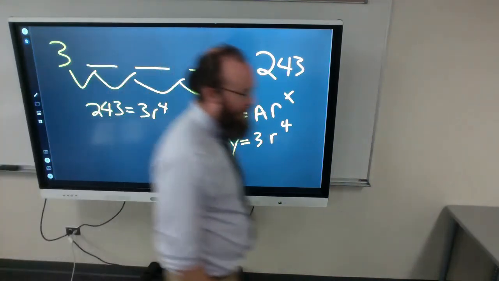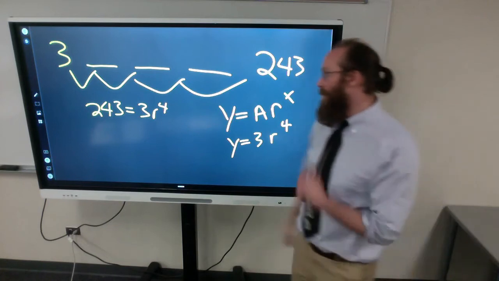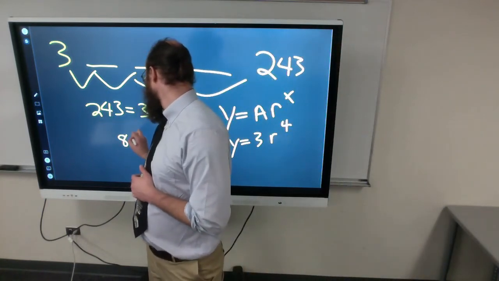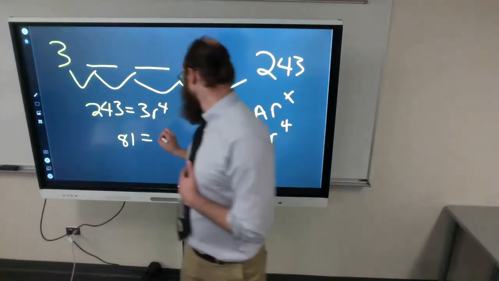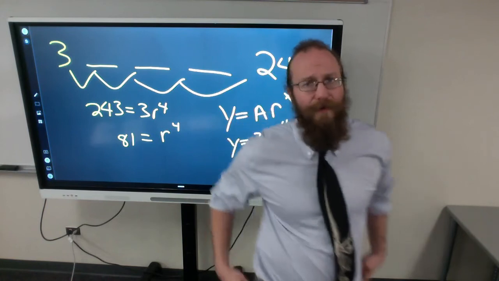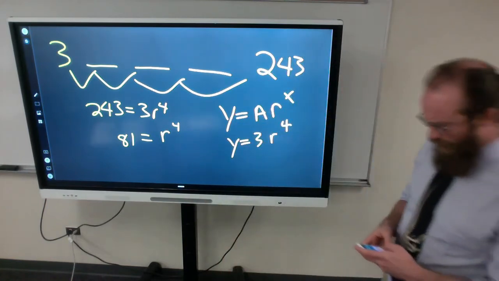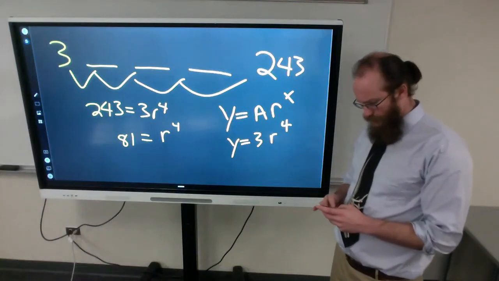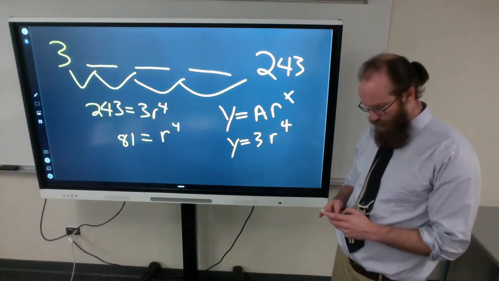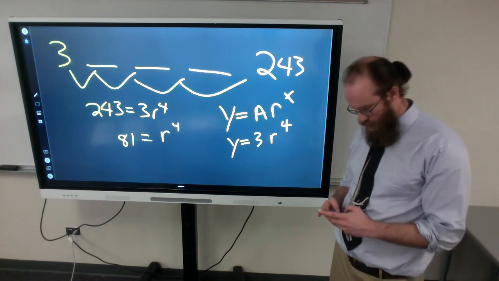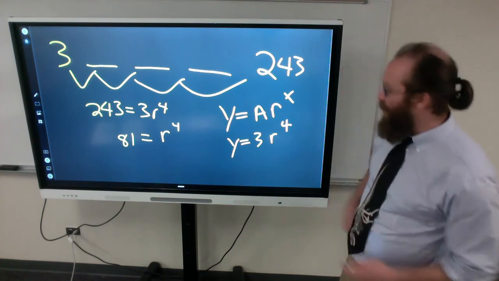Okay, next step is divide by 3. We divide 243 by 3, we get 81 equals r to the 4th power. So now we need to take the 4th root of 81. Mr. Curry's going to bust out the calculator, and he's just going to ask Google, 4th root of 81, and that is 3.